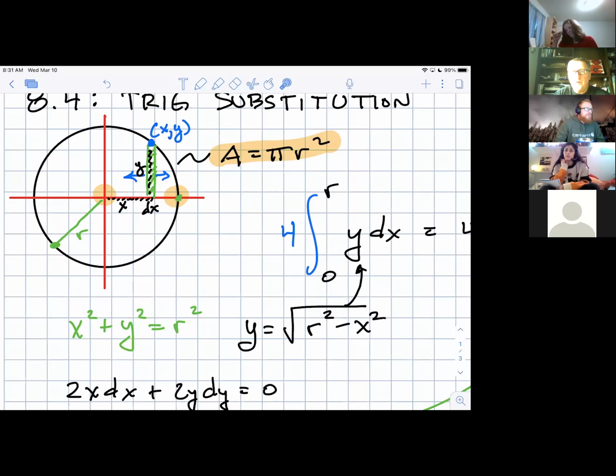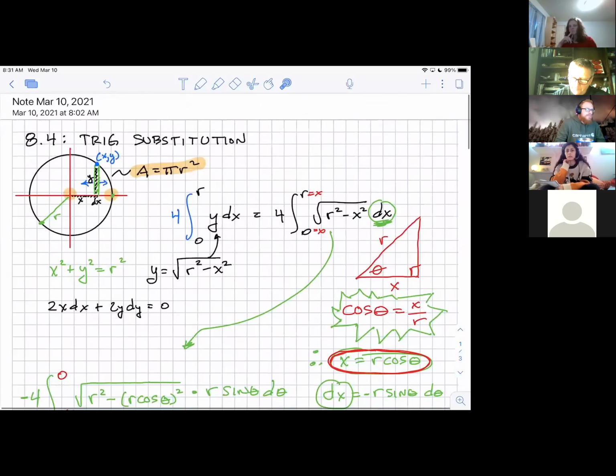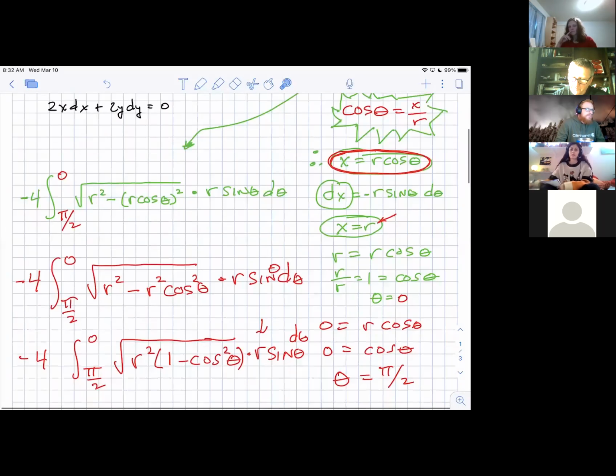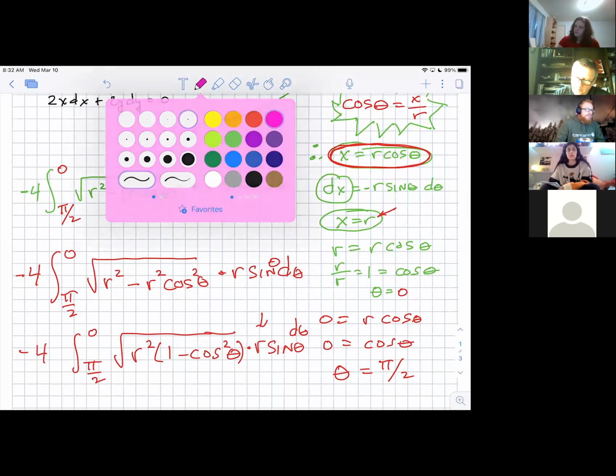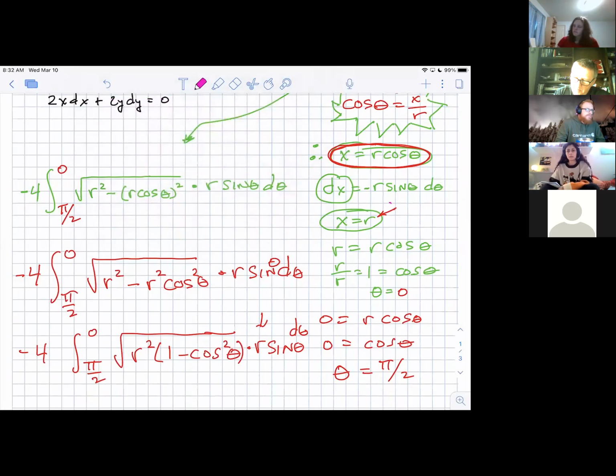When theta is 0, X would be R. When theta is pi over 2, what is the X distance? It's actually 0. So you can actually see this in the circle, which is kind of cool. So I kind of had two problems here where I figured out what our new limits of integration were.